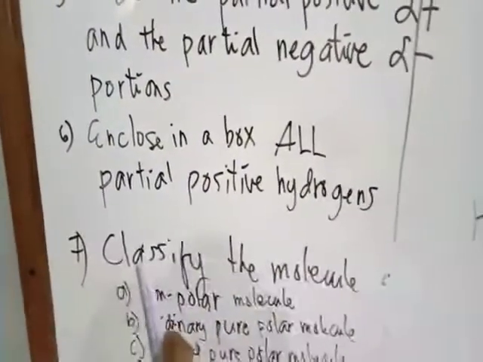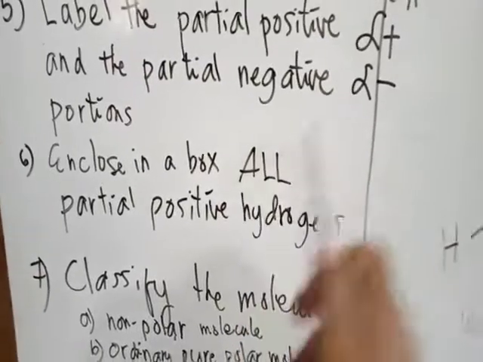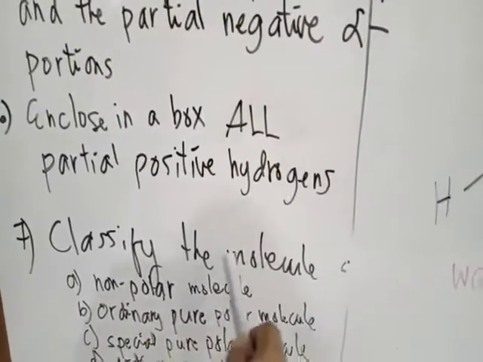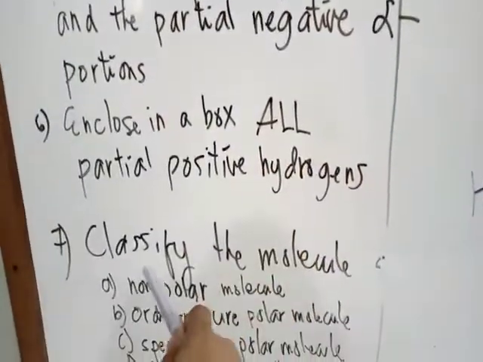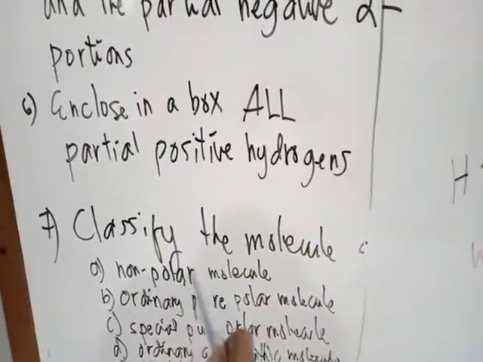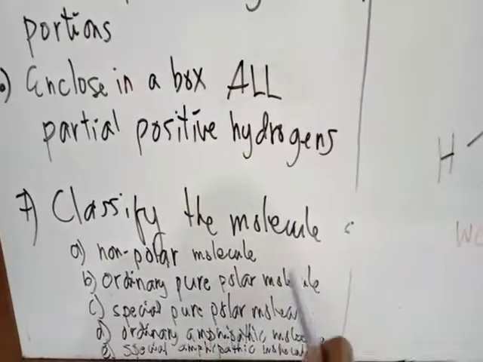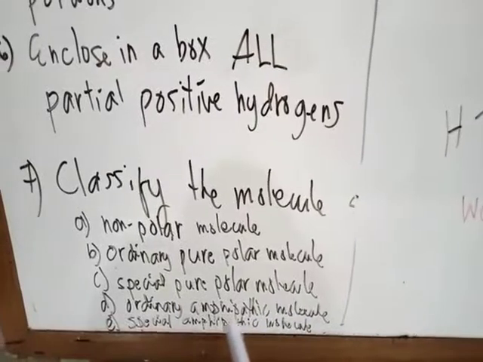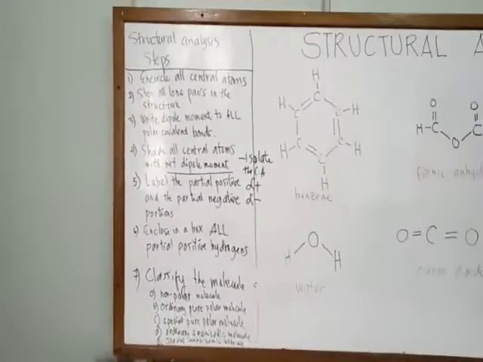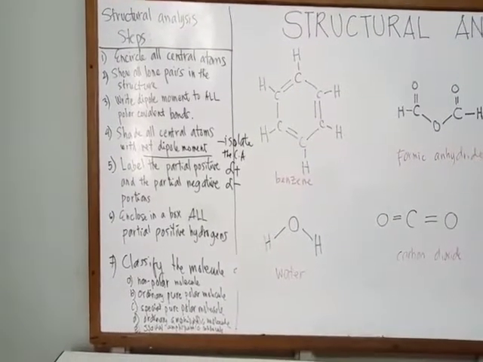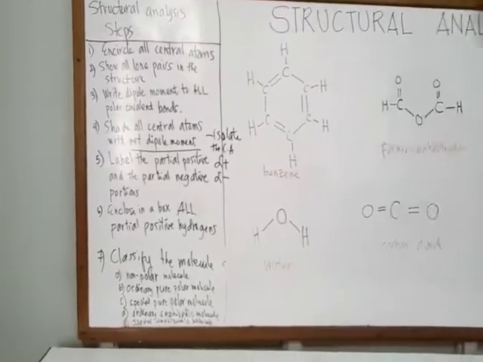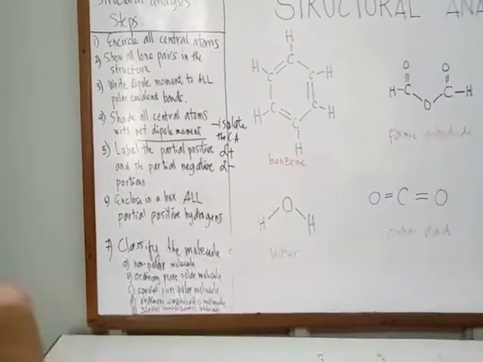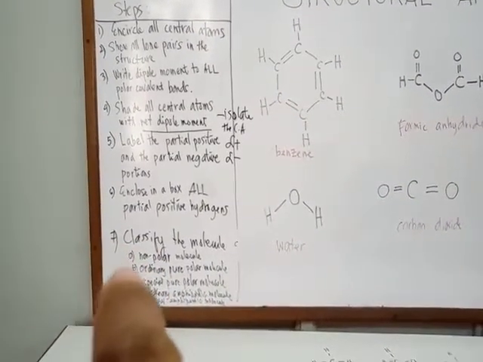And then number 7, if you want to go further, you can classify the molecule based on the result of the structural analysis, whether it's a non-polar molecule, ordinary pure polar molecule, special polar molecule, ordinary amphipathic molecule, or special amphipathic molecule. So all in all, structural analysis has 6 steps plus 1. The last one is an option for you.